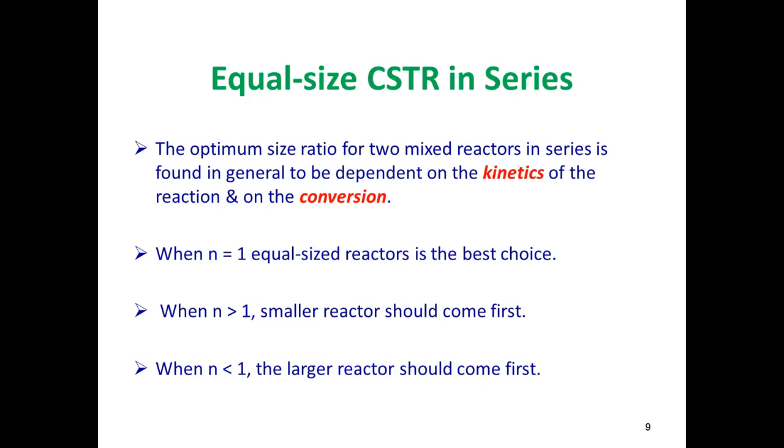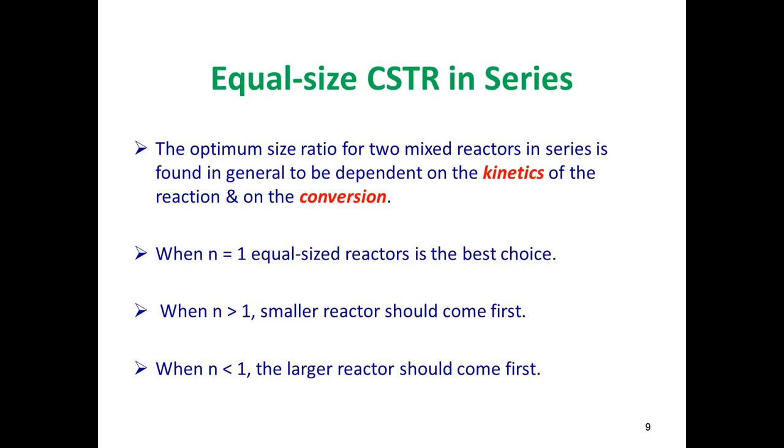So when order is equal to 1, equal size reactors is the best choice. So meaning there's no need for us to compute or determine the optimum size ratio. So when we speak of the optimum size ratio, like for example, V2 over V1, the V2 and the V1 that I am referring to is the volume of the second reactor compared to the volume of the first reactor.